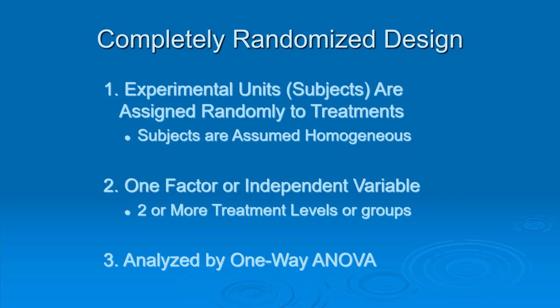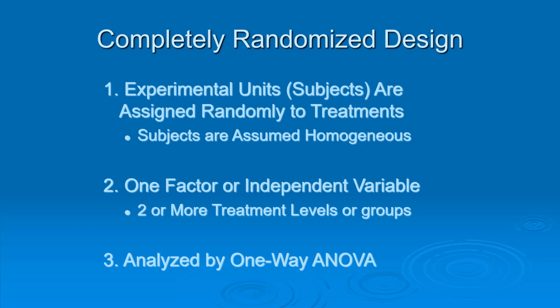We assume that they are homogeneous. There is one independent variable or one factor, and within this factor, there are two or more levels or groups, for example, receiving standard health education versus personalized health education.